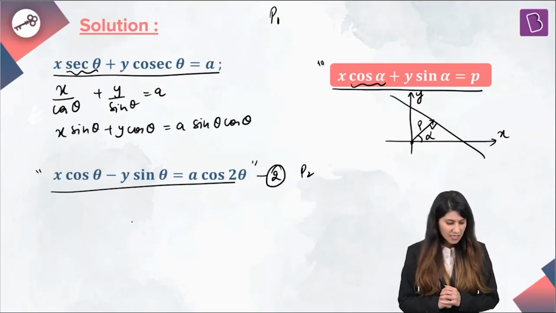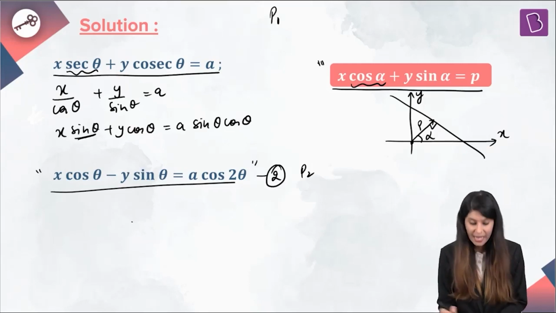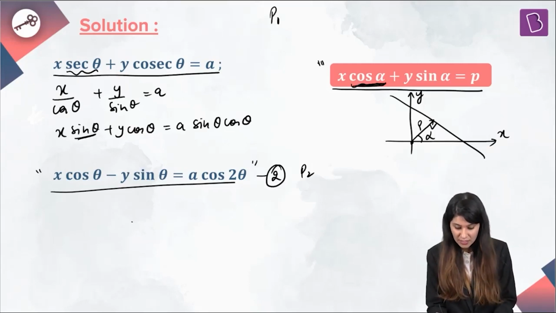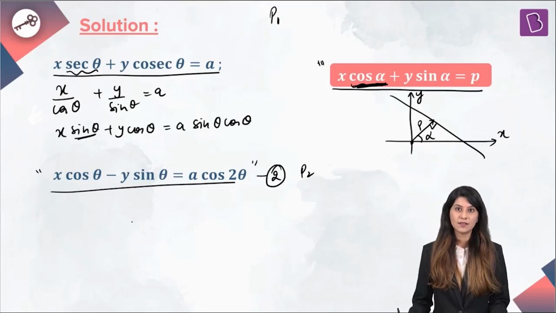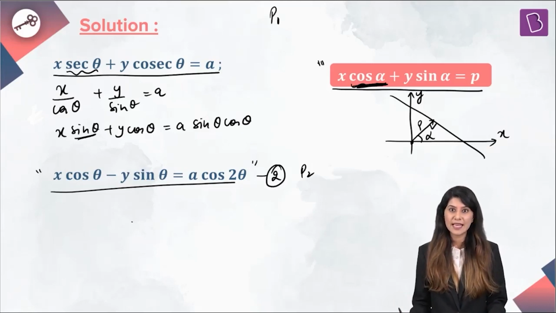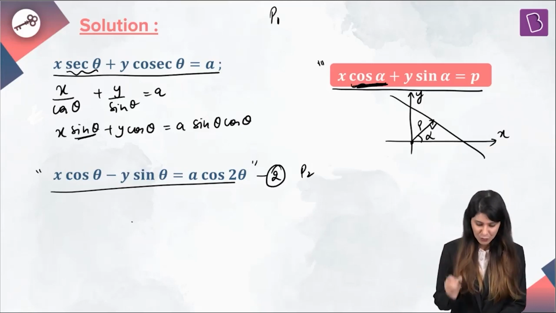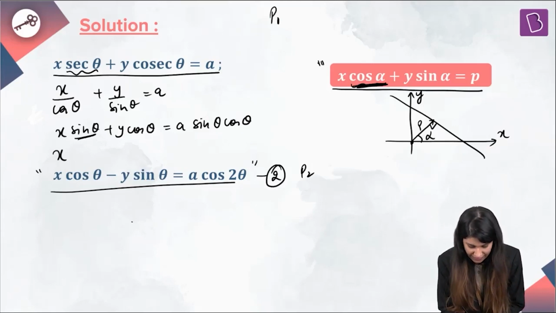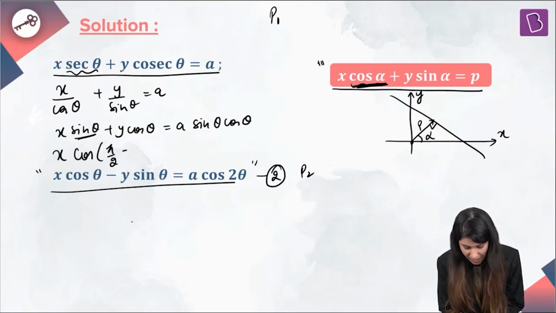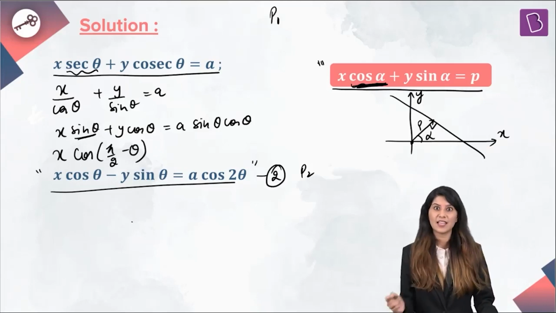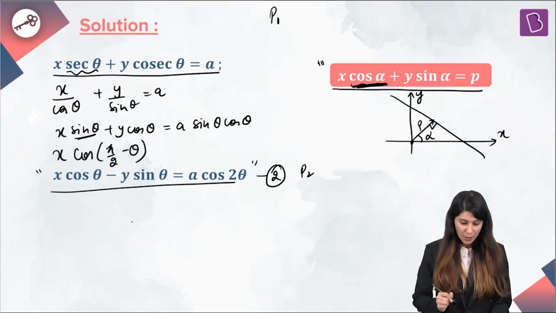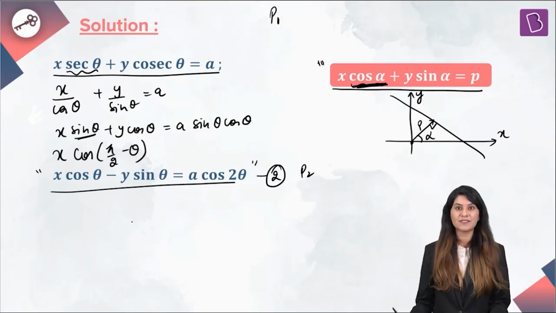Cool. But wait, x has sine theta, but I want cos in multiplication with x, isn't it? So what I'm going to do over here is write x cos of 90 minus theta in place of x sine theta. Now we have cos in place of sine.